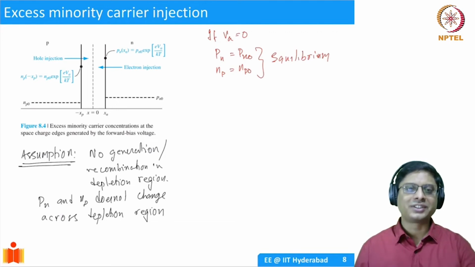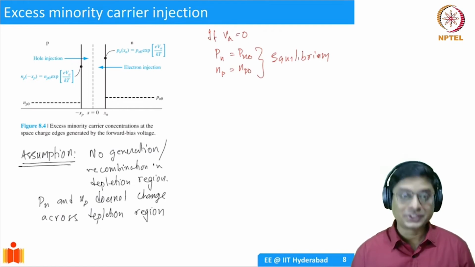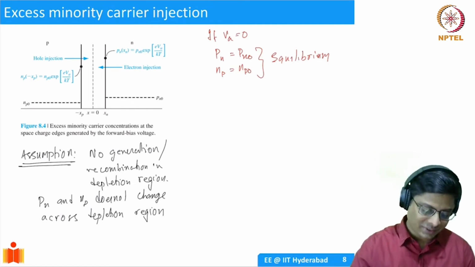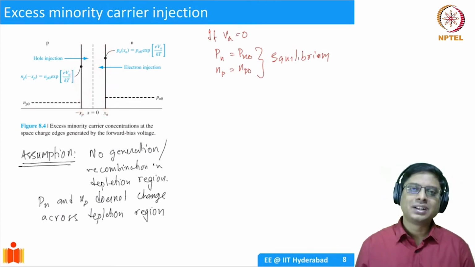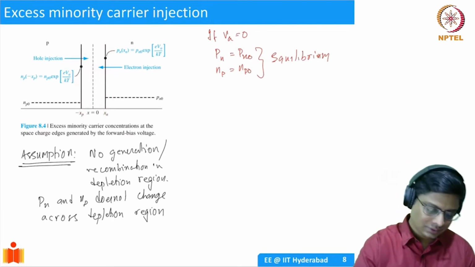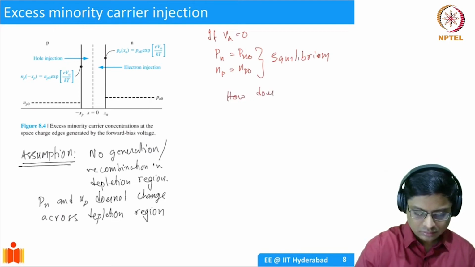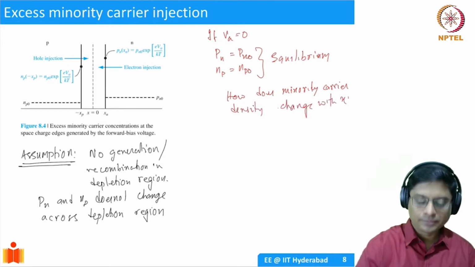Now, the next question is, how does the minority carrier density change with position? So all we have done so far is, we know the minority carrier density at the edges of the depletion region. How does it change with x?